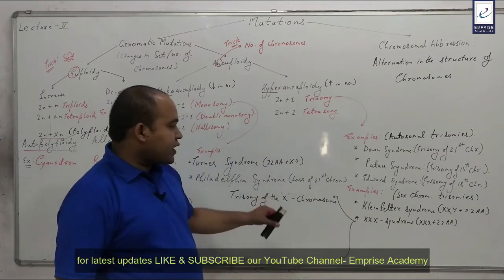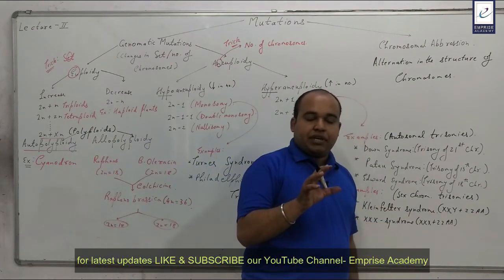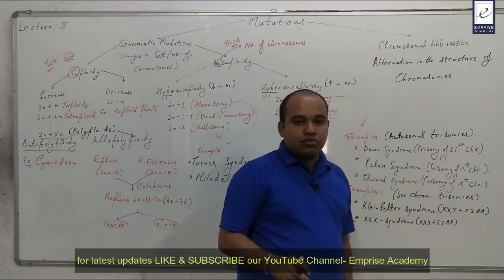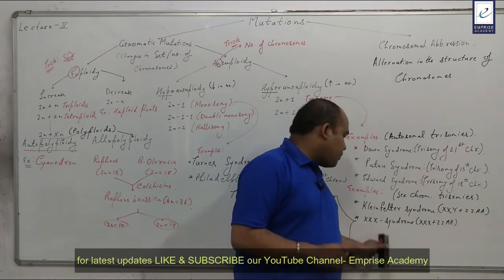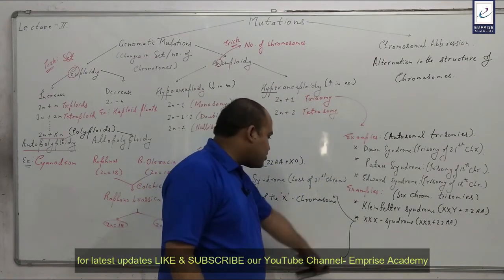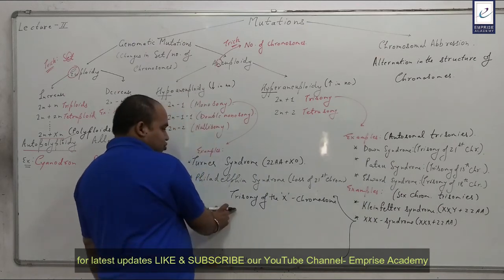Look, in Klinefelter the trisomy was of the sex chromosome. It was the sex chromosome which has undergone trisomy, not the X chromosome. Whereas in the case of XXX syndrome, it is the X chromosome that has undergone trisomy.